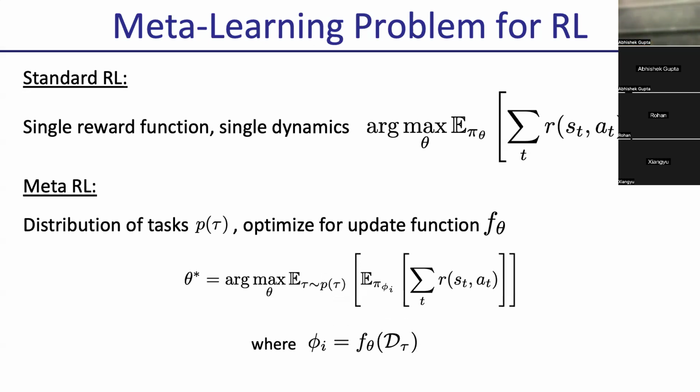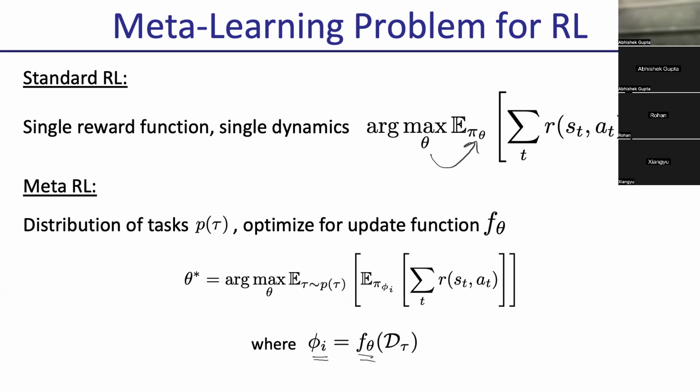The point here is a subtle point, but it's important to get, right? So in reinforcement learning, you learn the parameters θ of a policy. In meta reinforcement learning, there's a difference between φ and θ, right? You can think of φ as your policy and θ as the parameters of your update rule, right?